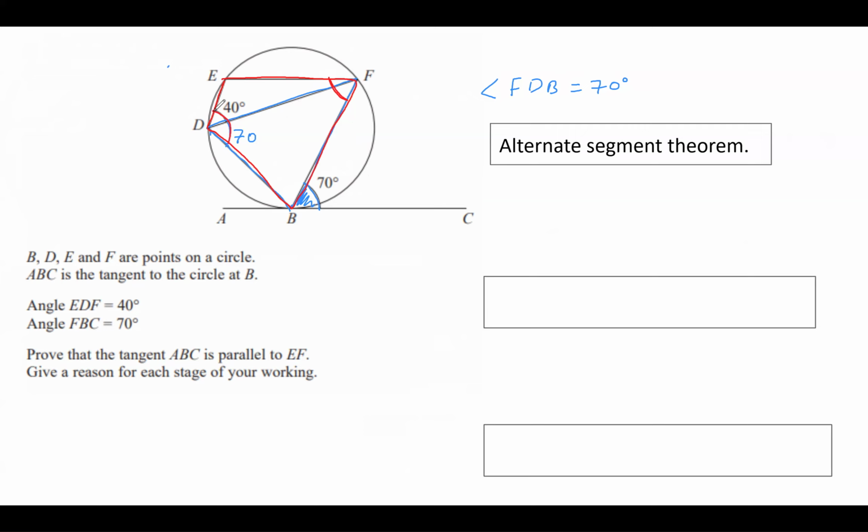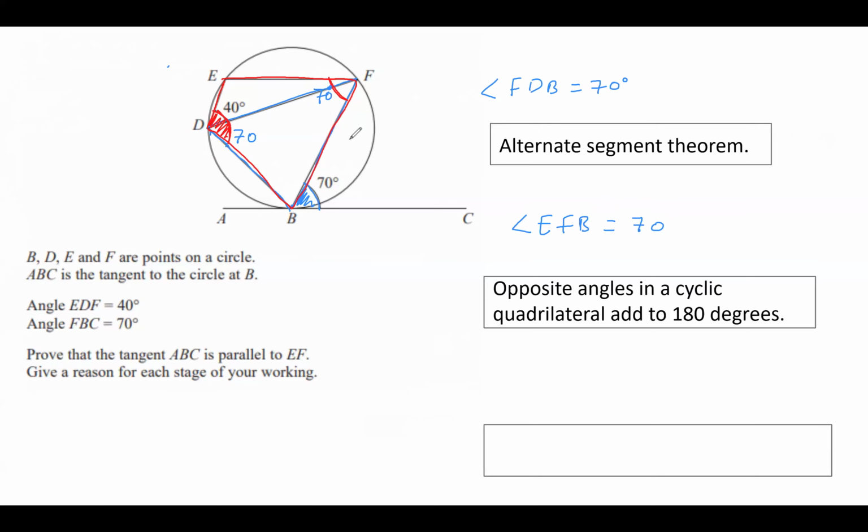So if this whole angle is 110, 70 plus 40, well, angle EFB must be equal to 70 degrees as well. And we can say that is because opposite angles in a cyclic quadrilateral add up to 180. So 110 and 70 making 180. So this angle here, the whole angle is going to be 70.